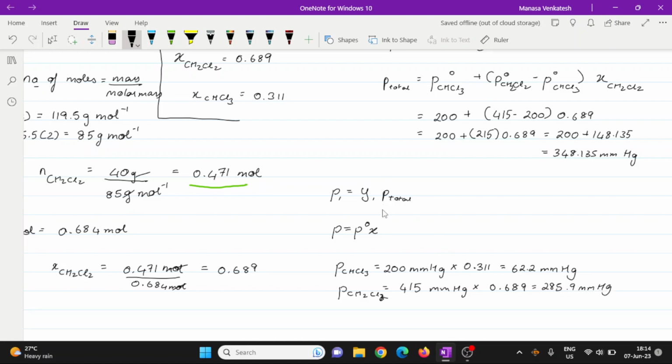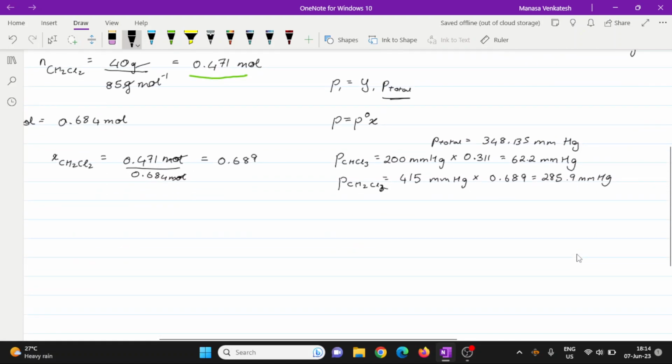And we have the total vapor pressure, so P total equals 348.135 mmHg. So we just have to use these values and calculate the mole fraction in the vapor phase.